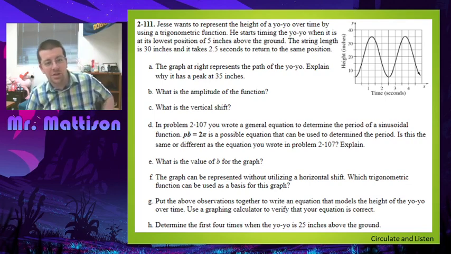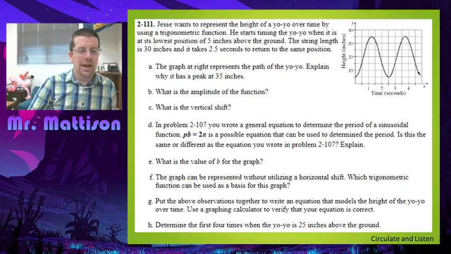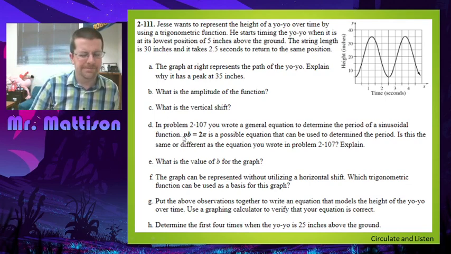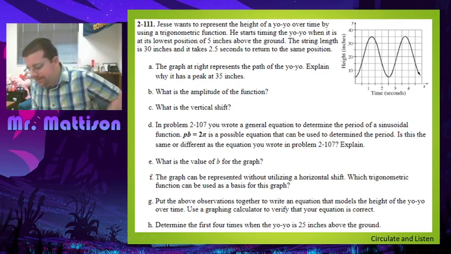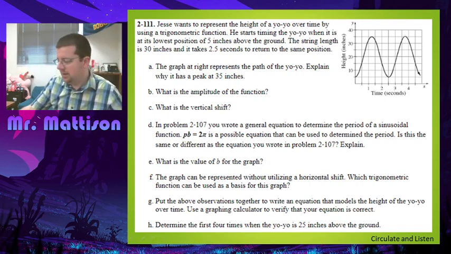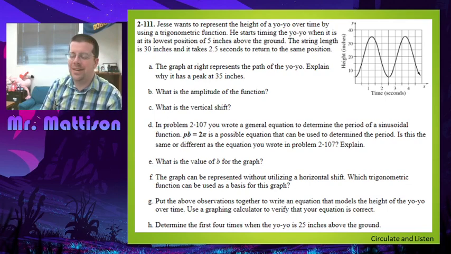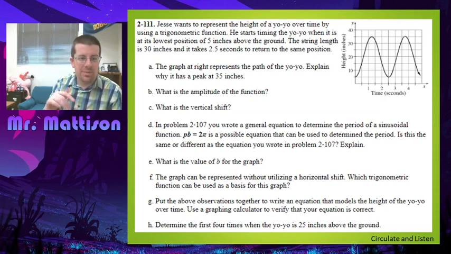So if my period is 2.5, I can plug in 2.5 here and divide 2 pi by 2.5. 2.5 is 5 halves, and 2 pi divided by 5 halves is multiplying by 2 fifths, to get 4 pi over 5 as my b, right?